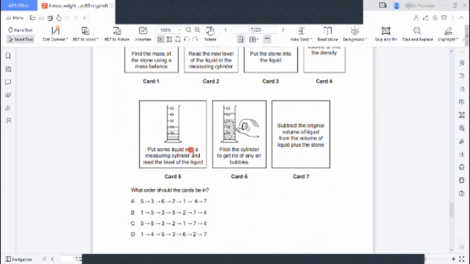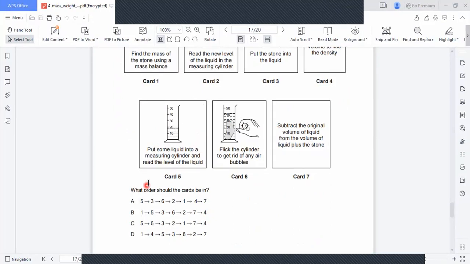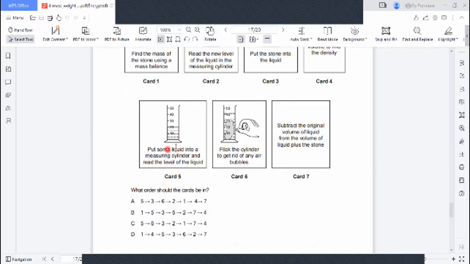Now he mixed the cards. What is his new sequence? Put some liquid into a measuring cylinder and read the level of the liquid. Suppose the volume is 20. Then he put the stone, immersed into the liquid.